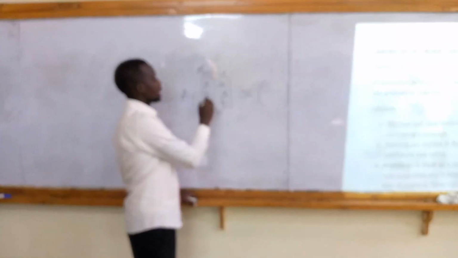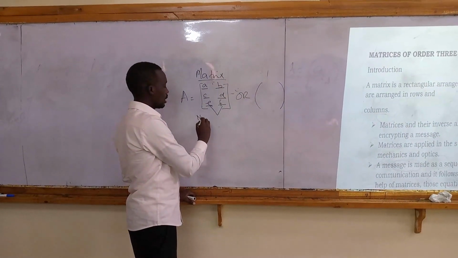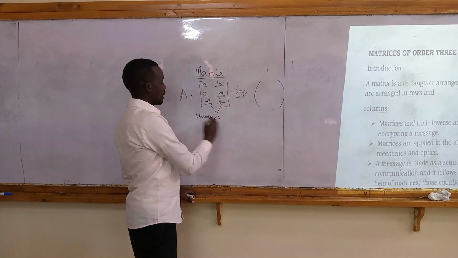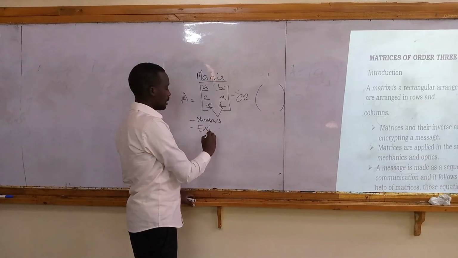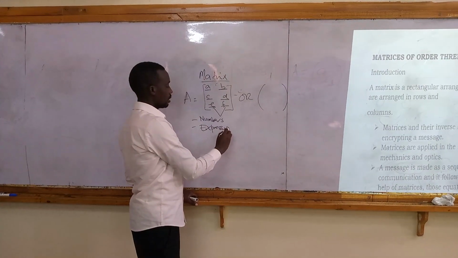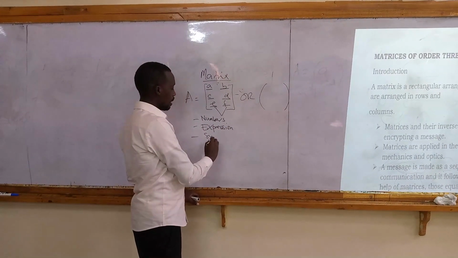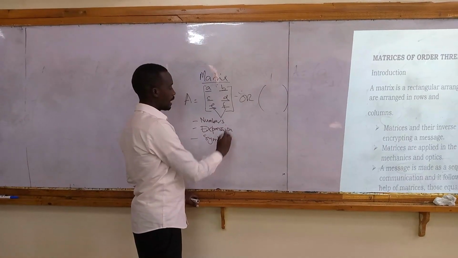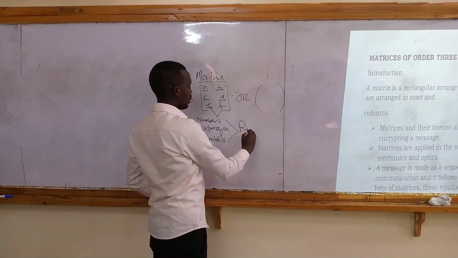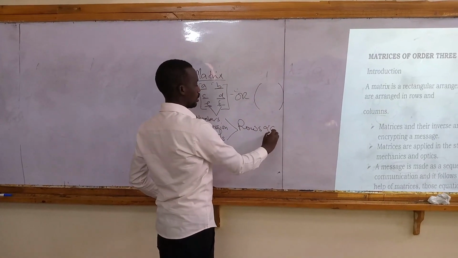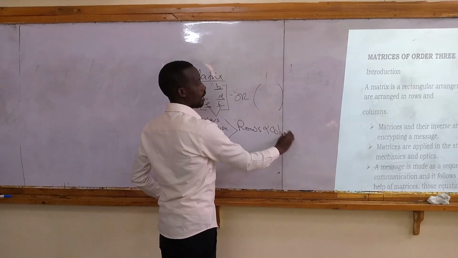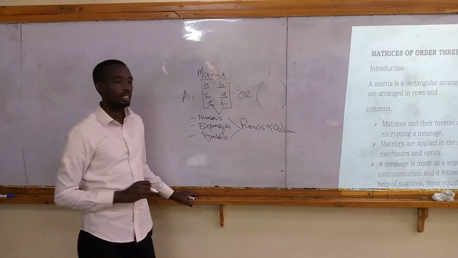These elements can be numbers, expressions, or symbols, but arranged in rows and columns. That is what we call a matrix.